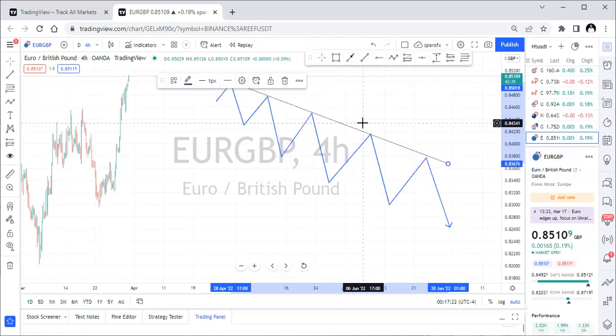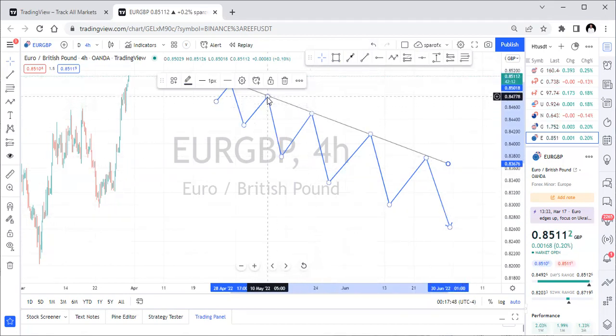And if you want to take a trade, you sell from here, then sell from here once again, and again. That is how to use a trend line for analysis. Also, if you want to take your trades, you're going to be selling from here, from here, and also from here.